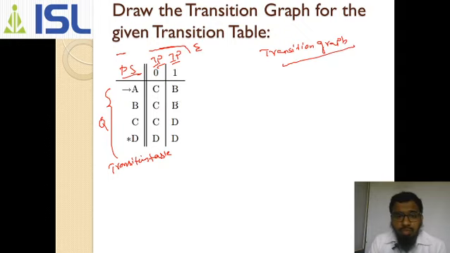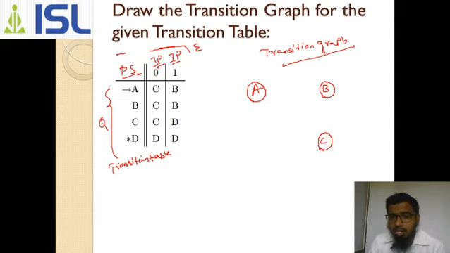First A, B, C, D. How many are there? A, B, C, D. So here we will take A state, B state, C state, and here D.